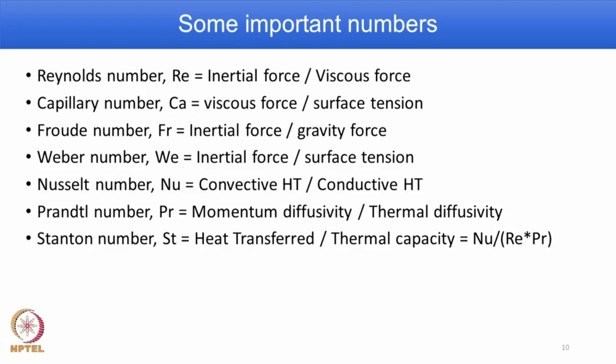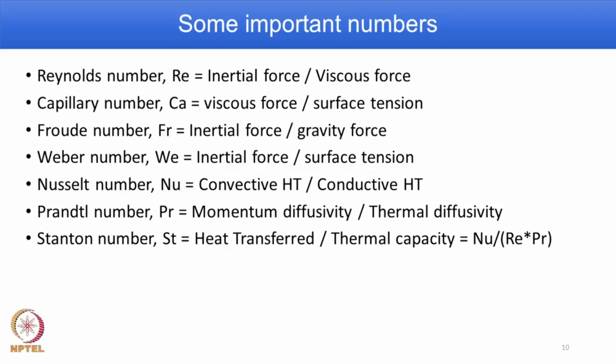Next is the capillary number, given the symbol Ca, which is the ratio of viscous force to surface tension. Then the Froude number, which is generally used for flows where gravity effects are considered. It is defined as the ratio of inertial force to gravity force.